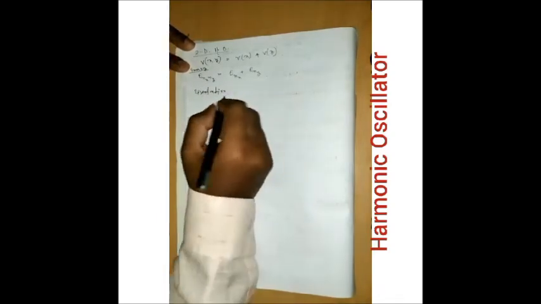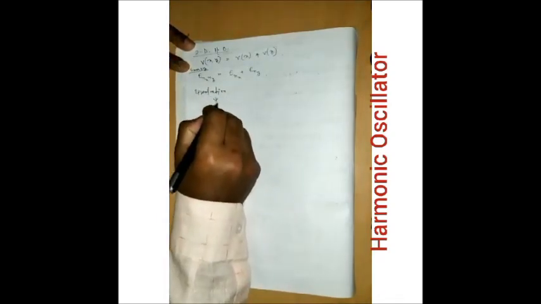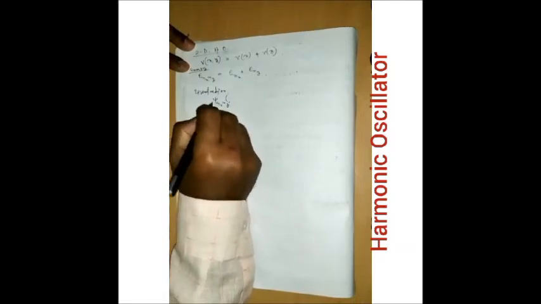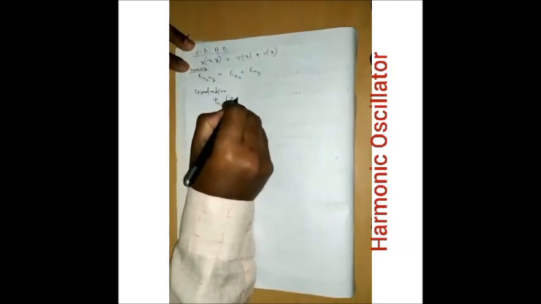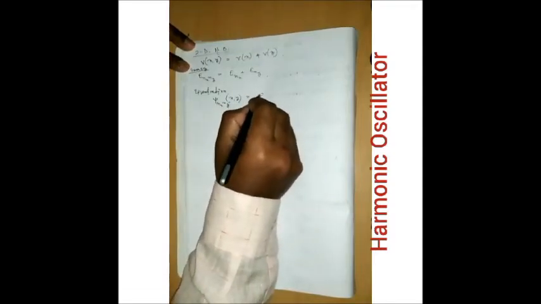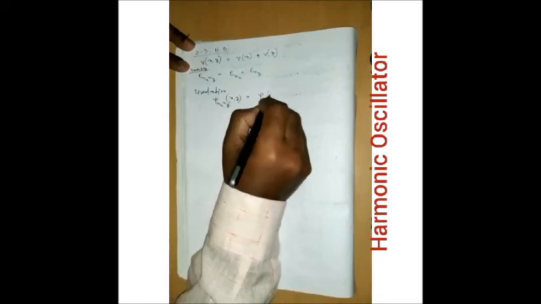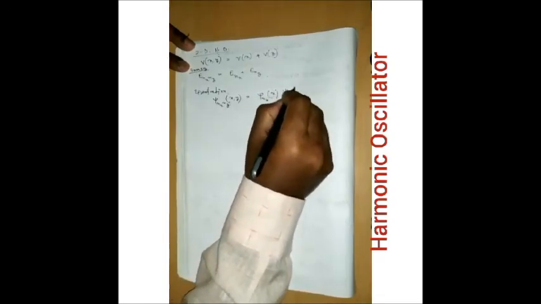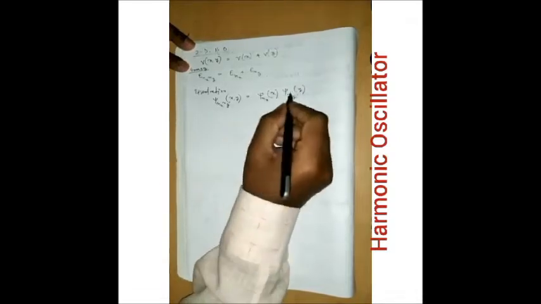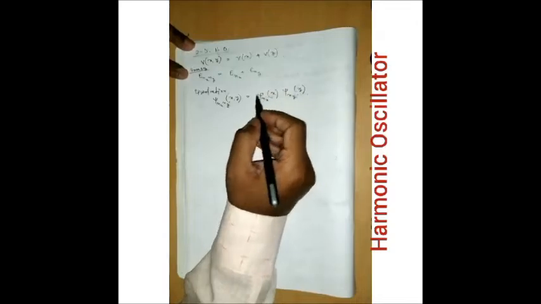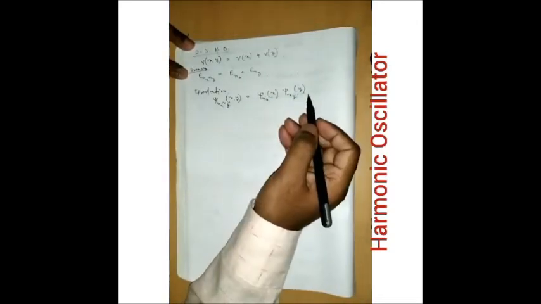So psi nx ny will be a function of x and y, where psi nx is a function of x and psi ny is a function of y, since the wave function is multiplicative. This we have mentioned here.